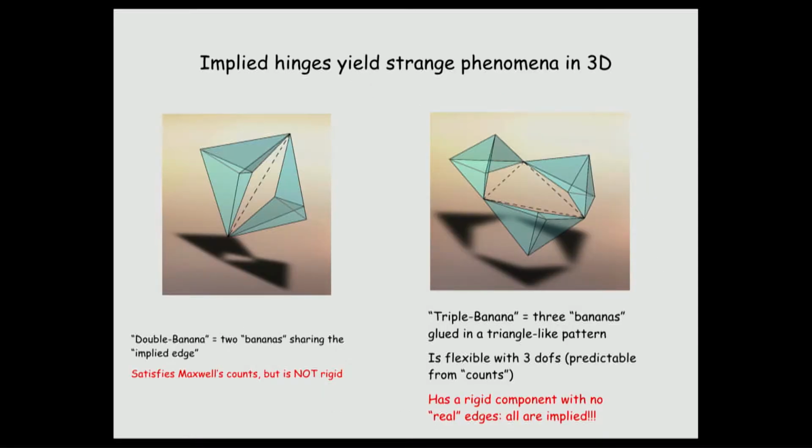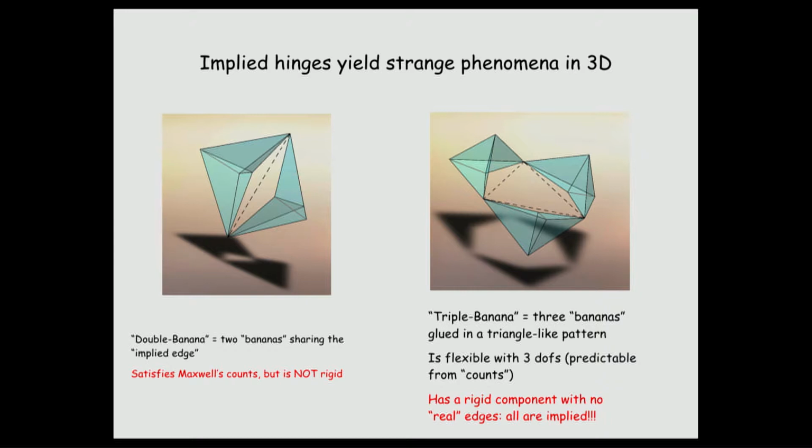So implied hinges yield very strange phenomena in 3D. So for instance, the double banana is quite clear. Yeah, we have a hinge here, but look at this one, the triple banana. It has 3 bananas, these rigid bodies, but this one has not only these bananas as rigid components, there is here a triangle that has no edges in the background.